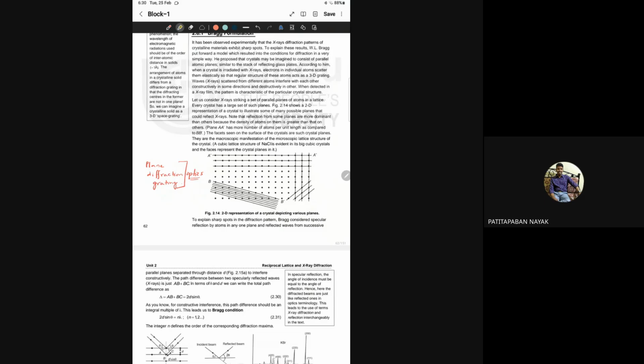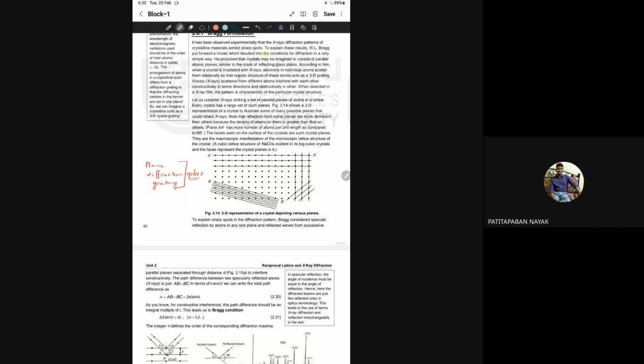It has been observed experimentally that the X-ray diffraction patterns of crystalline materials exhibit sharp spots. To explain these results, W.L. Bragg put forward a model which resulted in the condition of diffraction in a very simple way.